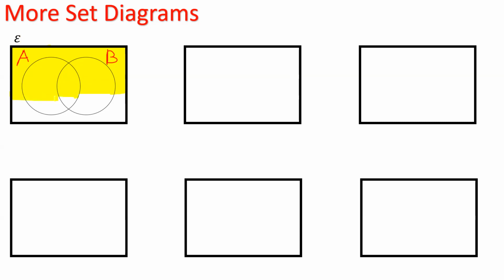It looked like an E, but when we talk about the universal set, that's all of the elements in A and B combined, including the ones on the outside. All right. So the whole rectangle is the universal set. So if I ask you to shade in the universal set, you have to shade in everything. Does that make sense? Yes, sir. Thank you. Good. So all of A and B combined. Okay. Perfect. So that's the universal set.